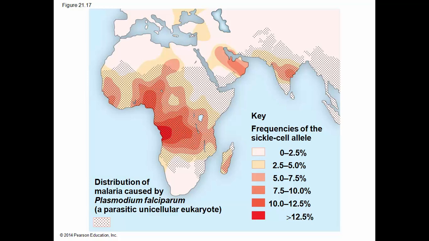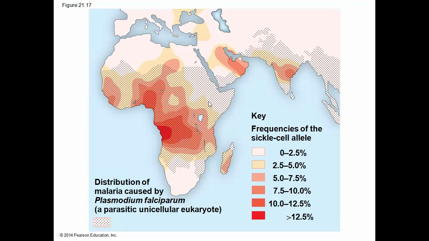Okay, here are the frequencies of the sickle cell trait. It occurs in areas, you can see here, areas affected by Plasmodium falciparum, the malaria protist.